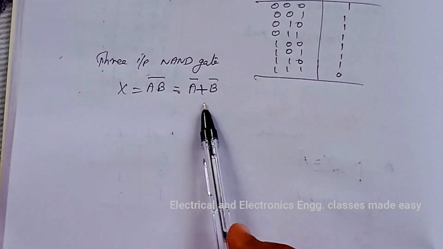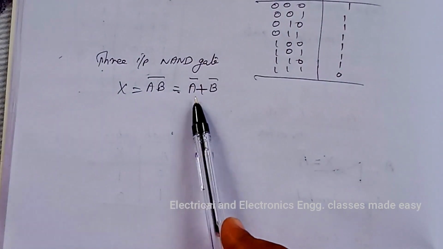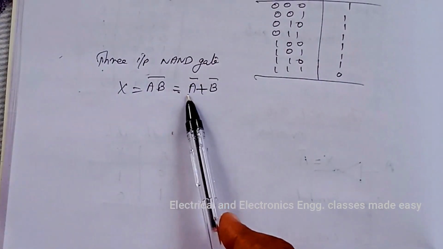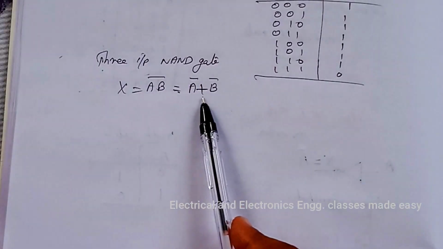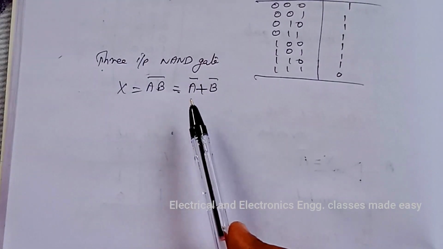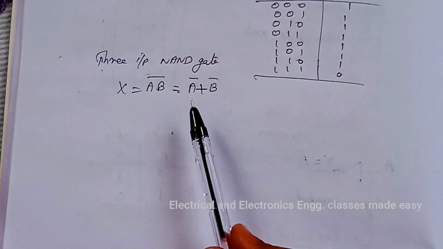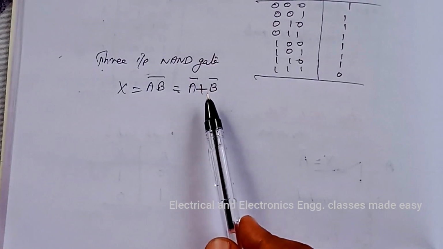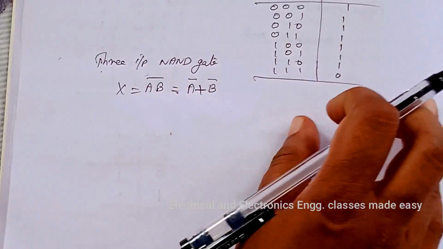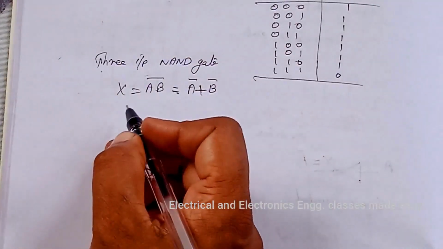That is, a NAND function can be realized by first inverting the inputs and then ORing the inverted inputs. Thus, a NAND gate is a combination of two NOT gates and an OR gate. So we can draw it like this.